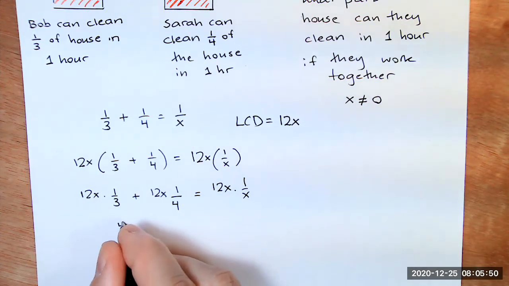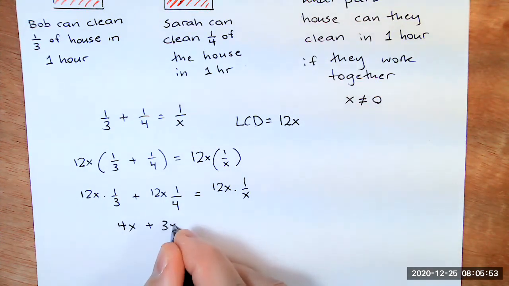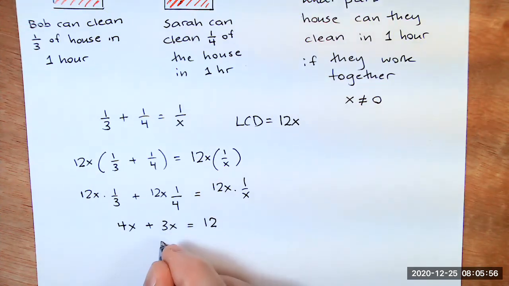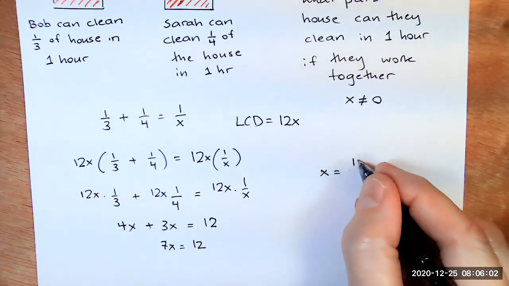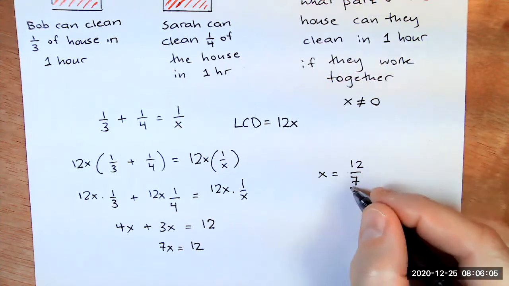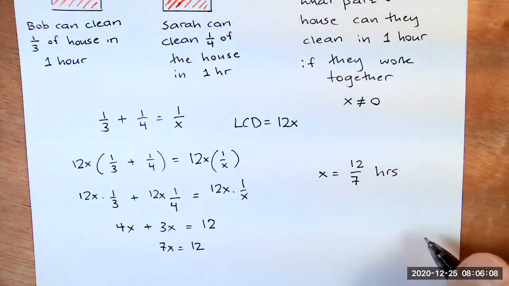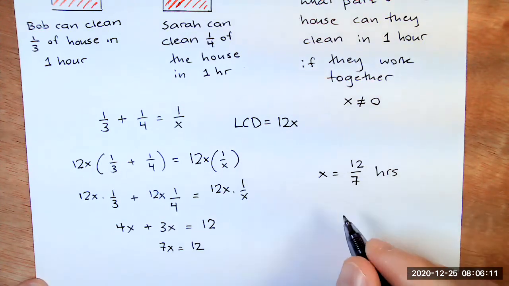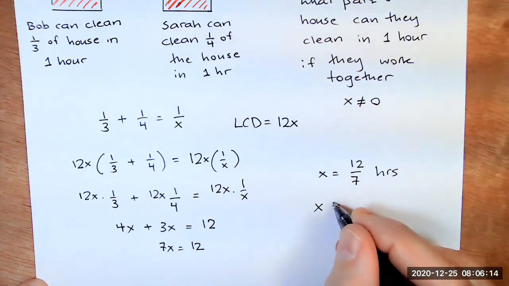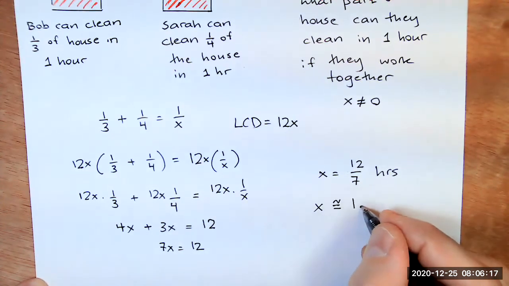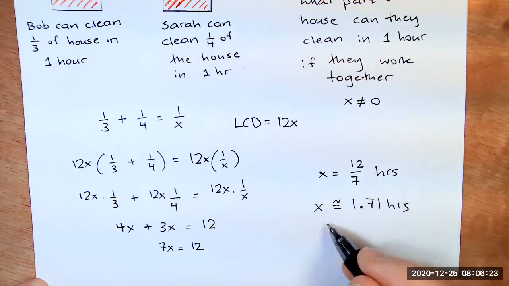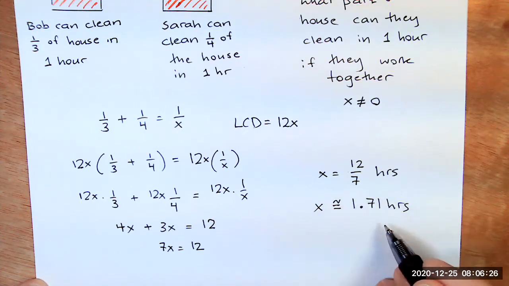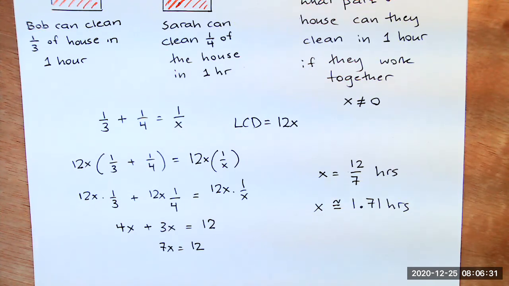And reduce. X is the number of hours. Let's make this a decimal so it'll make more sense. I'm going to use the approximately equal since I'm rounding it off. And then ask yourself, does this number make sense? Well, working together, it'll take less than 2 hours. That sounds about right. Let's try another one.